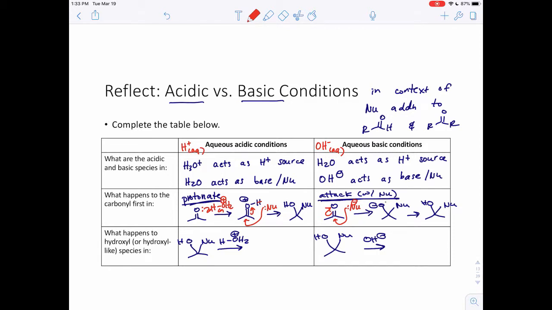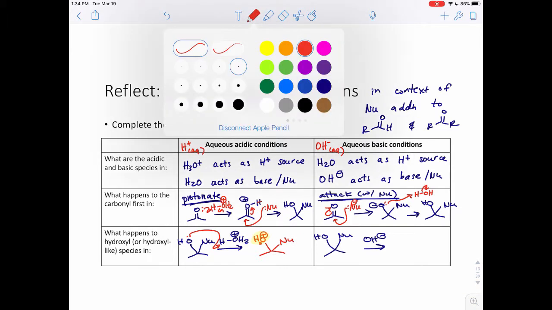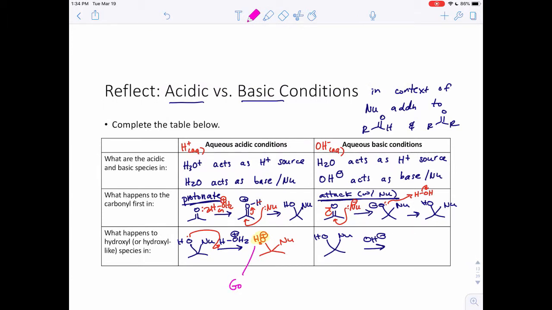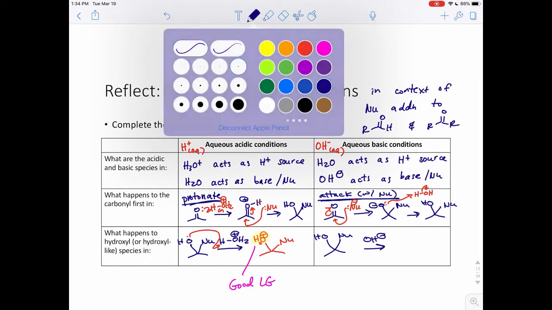Now we're going to have the alkoxide. What happens to it? Well, it gets protonated by the proton source, which, as we just discussed in base, is water. What happens to hydroxyl-like species in acidic conditions? Well, they can be protonated. What have we done if we protonate that? Oh, interesting. We made water. Water's a good leaving group. How do I know? I know because it's the stable conjugate base of a strong acid.